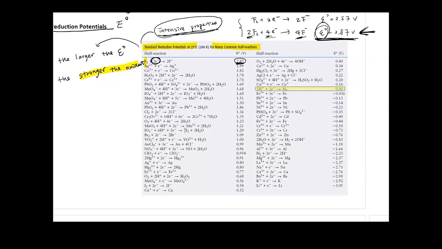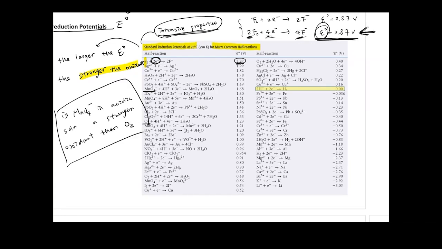In other words, if you look at these tables, if I ask you, is MnO4 minus in acidic solution a stronger oxidant than O2? The way you solve this is you first check the standard reduction potential for your MnO4 minus in acidic solution. That means you must have the protons here.